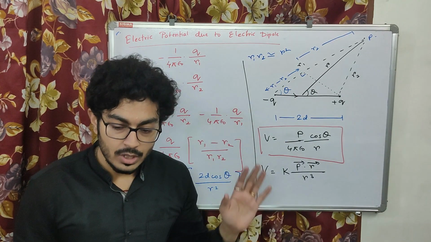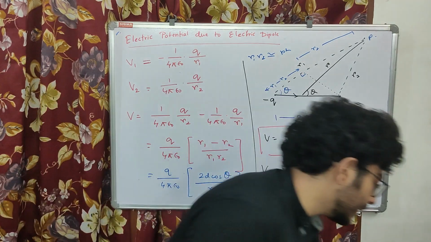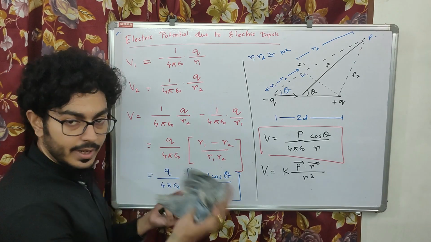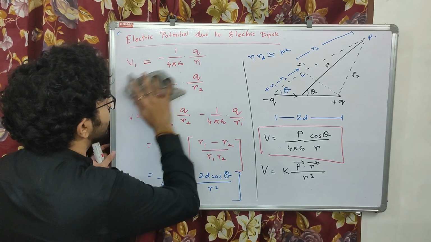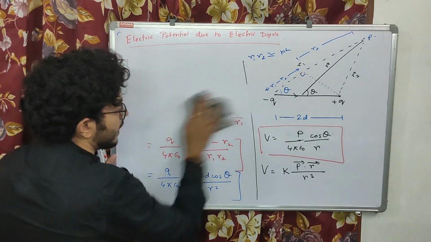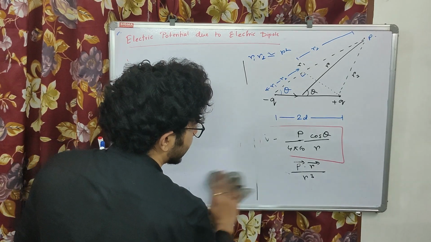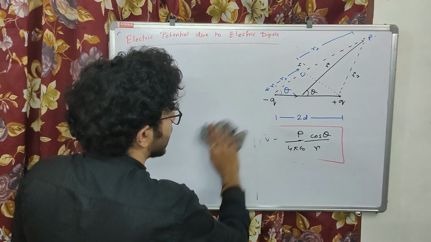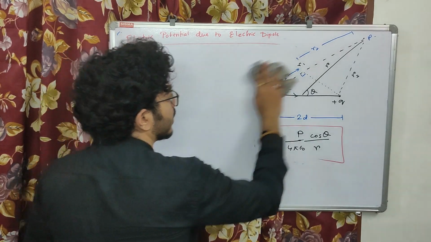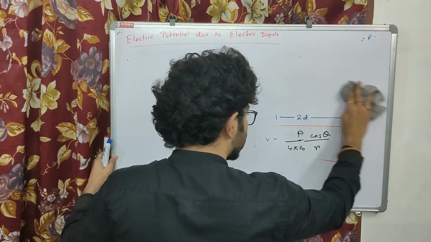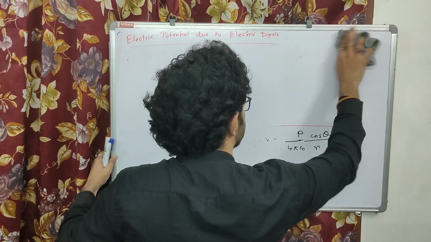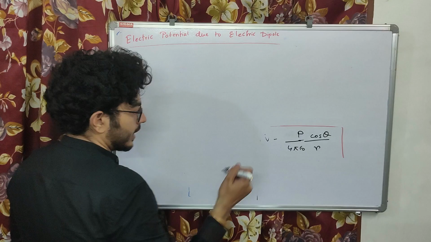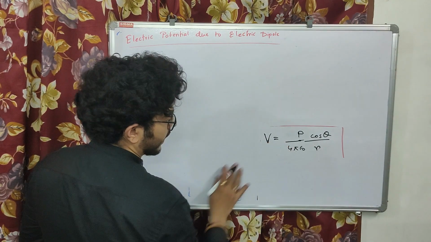This is clear? Now, there are two categories that may come in your exam: what will be the electric potential at an axial point and at an equatorial point. This was the generalized way, the generalized formula I have found out over here.